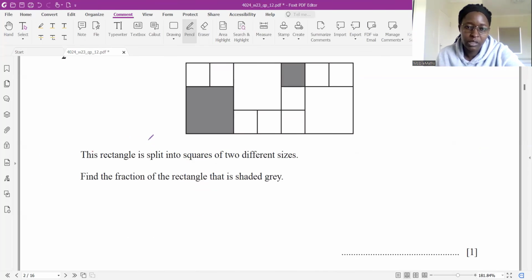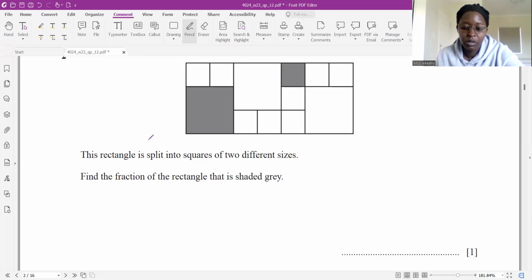This rectangle is split into squares of 2 different sizes. Find the fraction of the rectangle that is shaded in gray. So it's split into 2 different equal sizes.